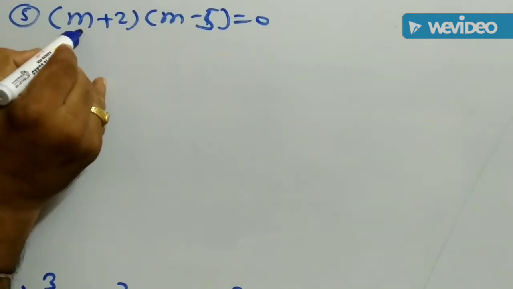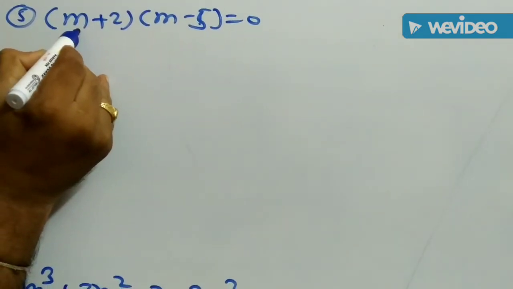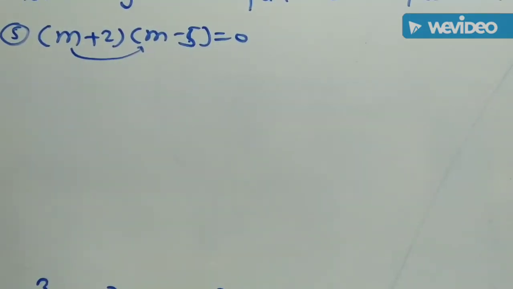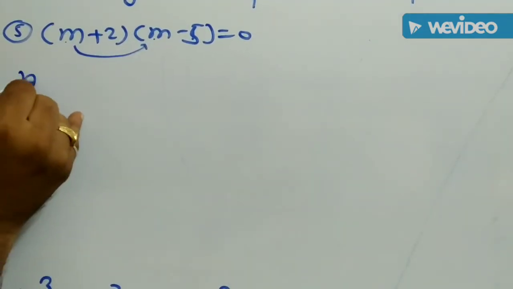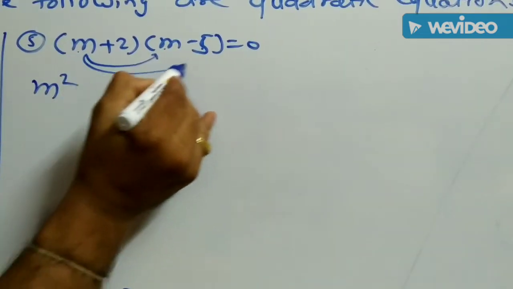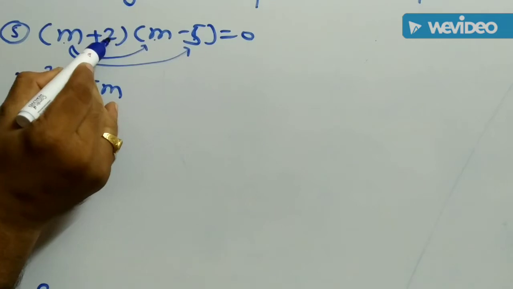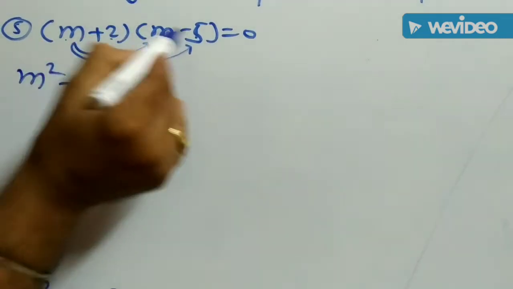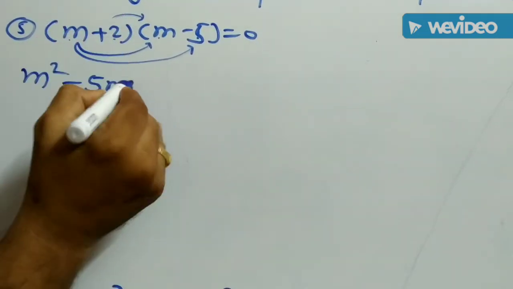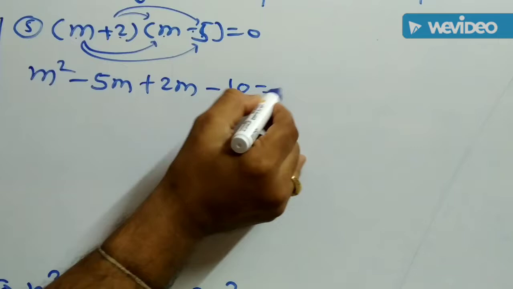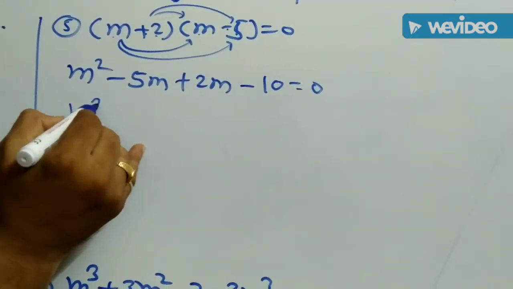For that, multiply this m of the first bracket to each and every term of the second bracket. m into m is m square, m into minus 5, that is minus 5m. Then multiply this plus 2 to all terms of the second bracket, 2 into m, 2m, plus 2 into minus 5, minus 10, is equal to 0. m square.